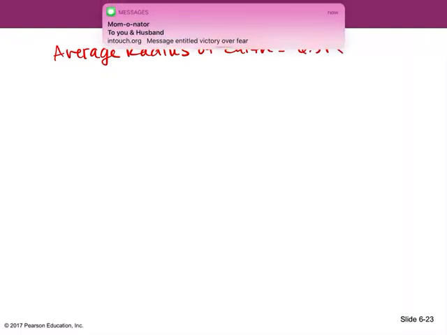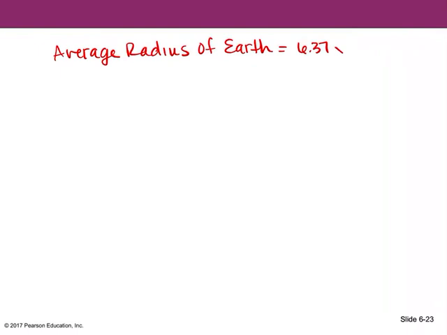Okay, so this is just a big slide that I want to prove gravity. So the average radius of Earth is equal to, and this should be in your ebook on useful information.